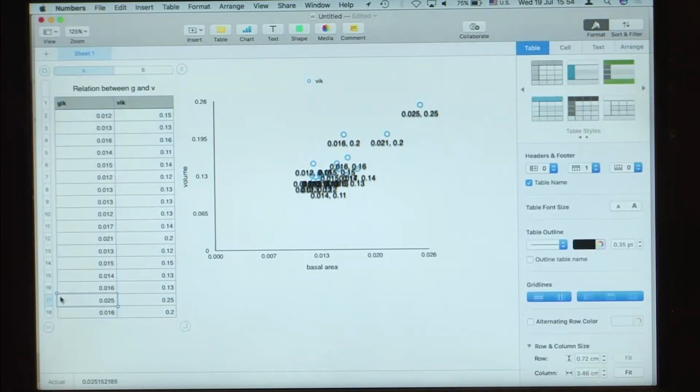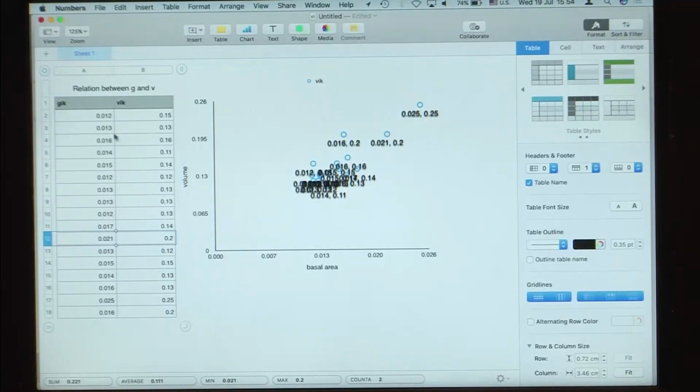We are talking about this value, and here we have it on the plot. Similarly, let us look at this point, 0.016 and 0.2. Here we have the value 0.016 and 0.2. Let us now look at this one, 0.021 and 0.2. Here we have it, the 12th value is 0.021 and 0.2.